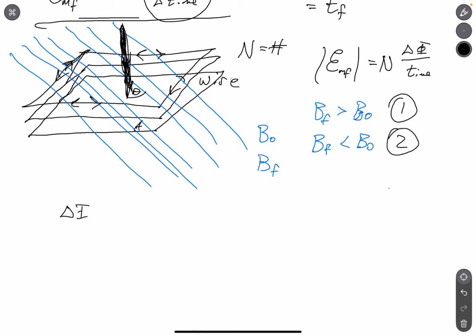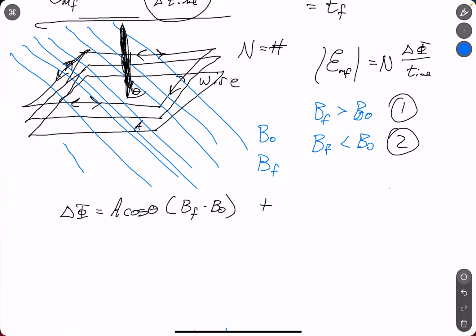Delta phi is A cosine theta. We don't care really about that. But B final and B initial are there. This ends up being a positive thing, okay? And that means that B, our B field, is increasing in this direction, okay?